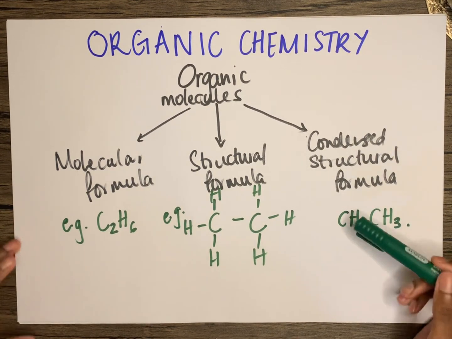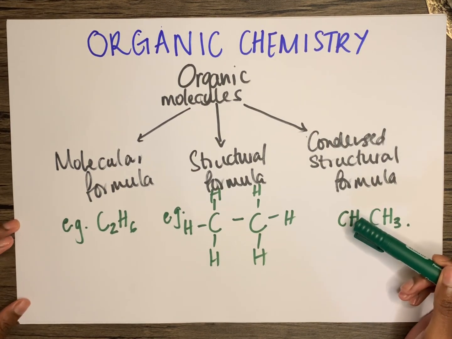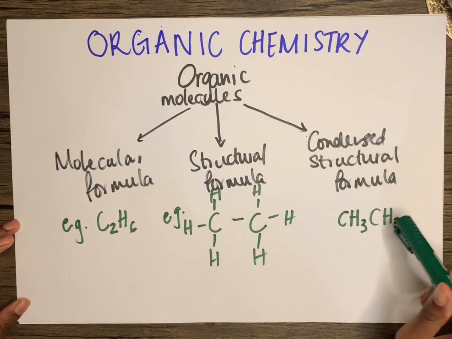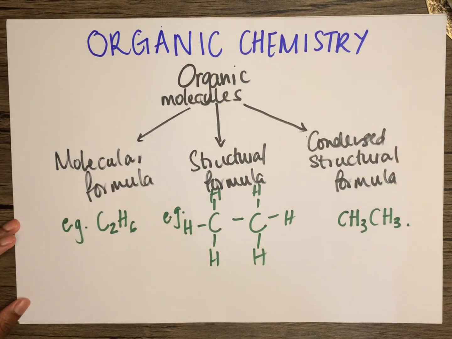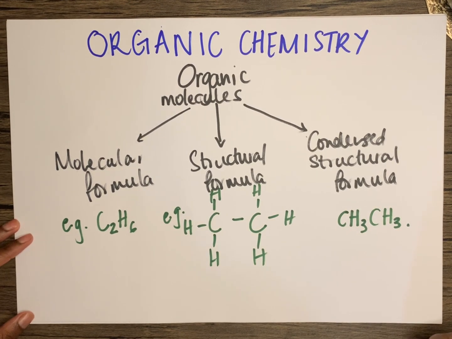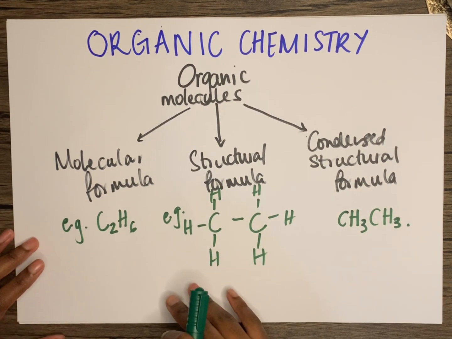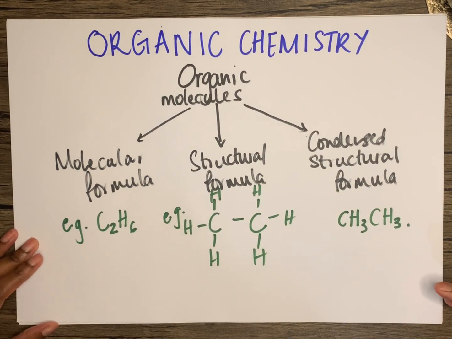So it's telling me that the first carbon has 3 hydrogens, and the other one also has 3 hydrogens bonded to it. And obviously, between the 2 carbons there is a bond to make up the 4 bonds around each carbon atom, right? So these are the ways that we use to represent organic molecules.